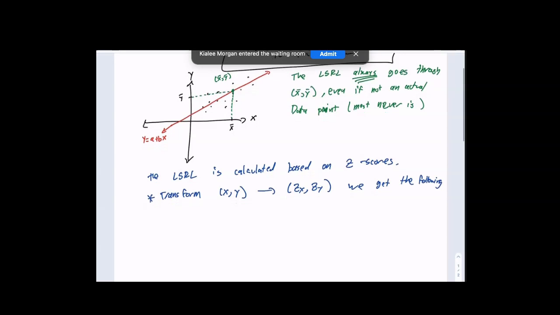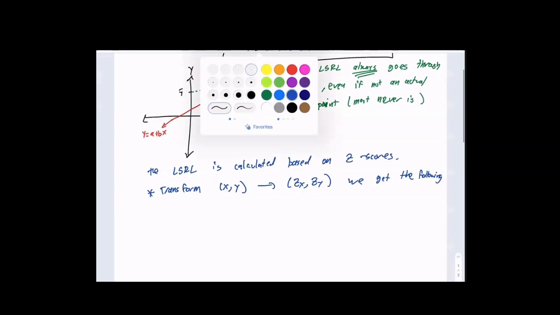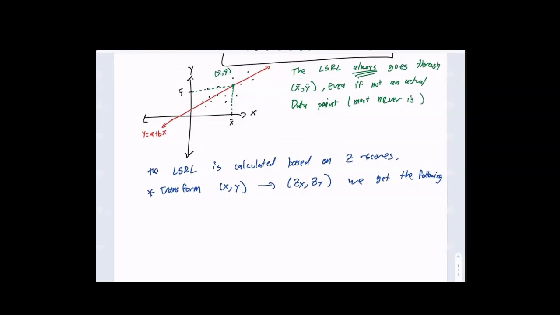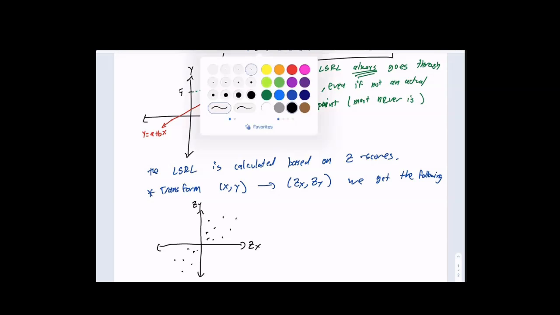Of course, each one is going to be different depending on its scatter plot, but for every single point, we're going to calculate its z-score, because every point is an actual data point. So this is the z-scores of x and the z-scores of y. And if we do that, our new scatter plot based on what we have above would look something like this.